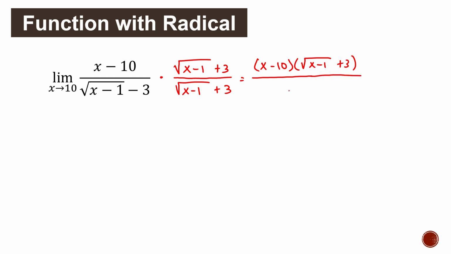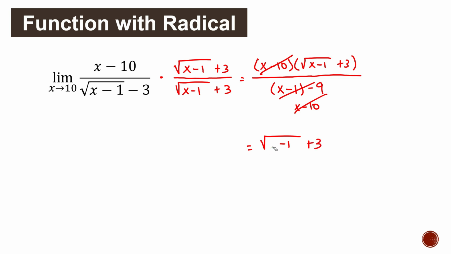And then the denominator will become x minus 1 minus 9. So this will be equal to x minus 10, which means we can cancel that. So now it's going to leave us with square root of x minus 1 plus 3.